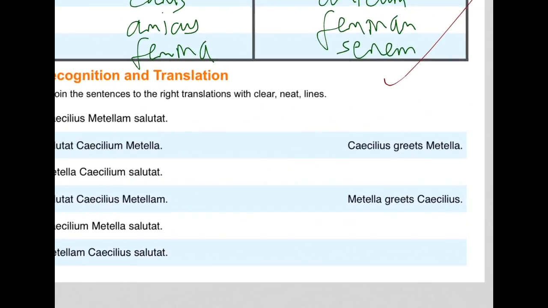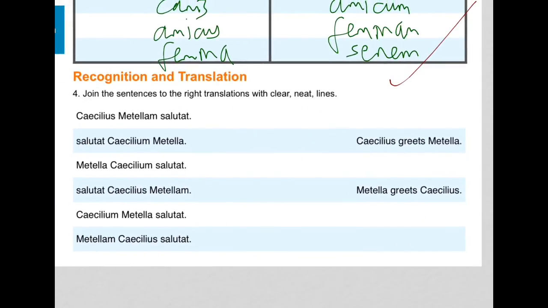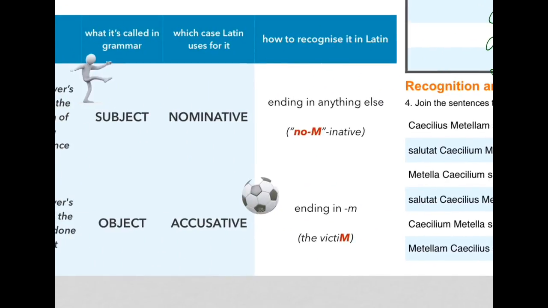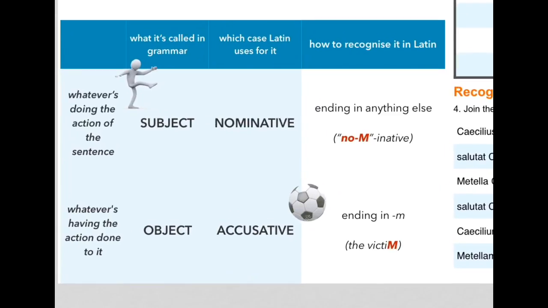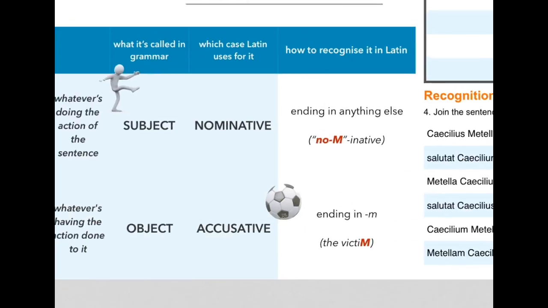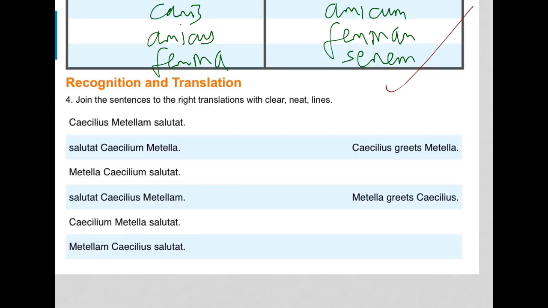And finally, the last section. Let's zoom into this. Now here we have to remember what's going on over here. That the one with the M on the end, this one, is what's having something done to it. Right? So we can apply that over here. So in this sentence here, who's being greeted? Who's having the greeting done to them? It's Metella. So she has to have the M on the end in Latin for that to mean that.